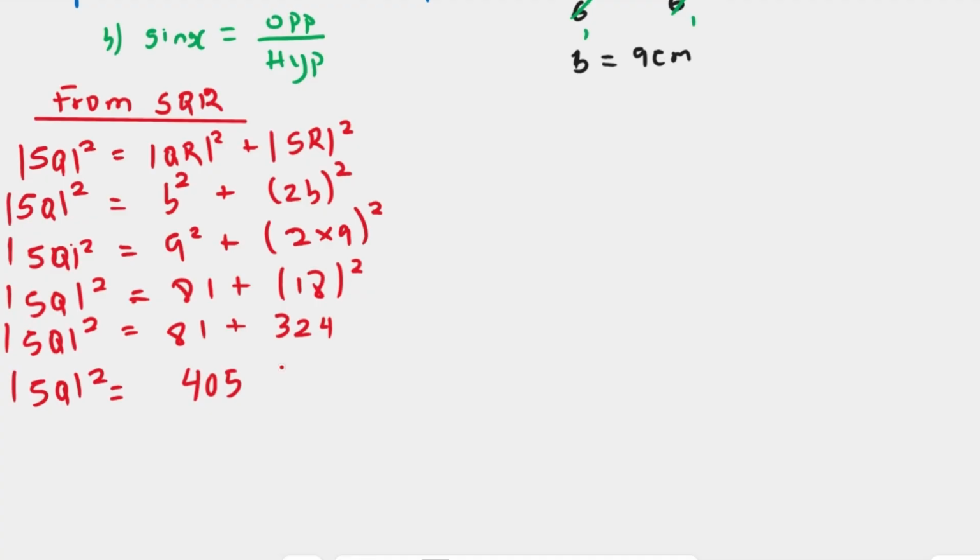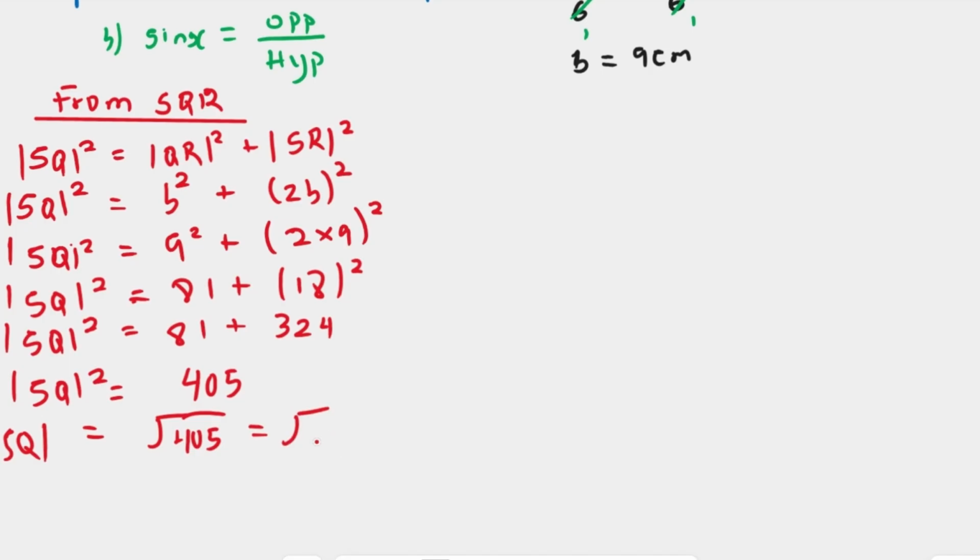And 405 is not a perfect square. So this is what we're going to do. We're going to find the root on both sides. So that's going to be SQ equal to the root of 405. But unfortunately, 405 is not a perfect square. So we can just simplify it to surd form. Which two numbers when you multiply, you get 405?